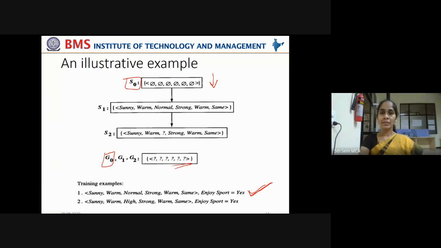But the machine encountered a training example whose label is S and none of the attributes match this null. That is why the update of this specific boundary will be sunny, warm, normal, strong, warm, and same. All these attributes are updated.